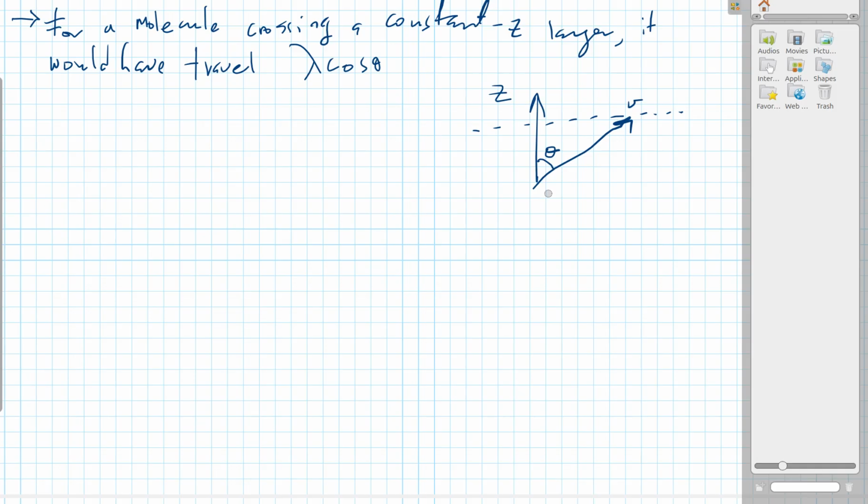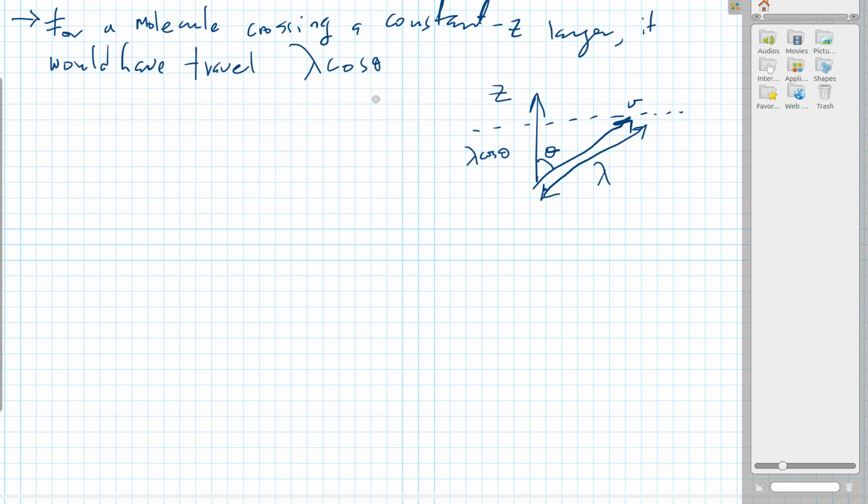Since its last collision, the molecule would have traveled a distance of, on the average, the mean free path, and then the corresponding distance along the z direction is going to be lambda cos theta.